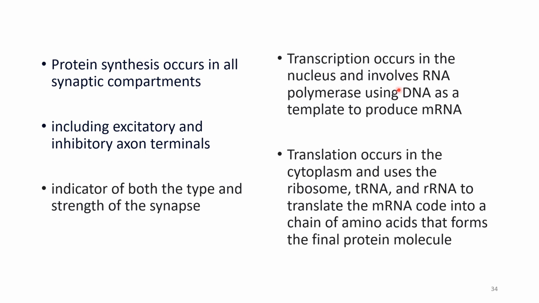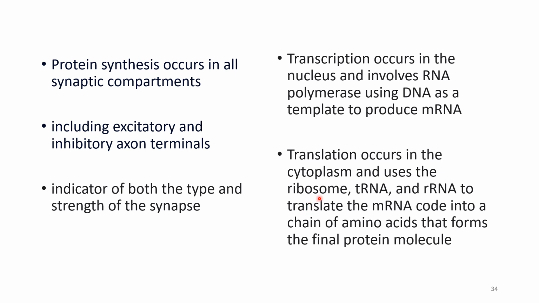Transcription occurs in the nucleus, and it involves RNA polymerase. Using this RNA polymerase, it will attach to the DNA template and produce mRNA. Then this mRNA comes out of the nucleus and translation happens in the cytoplasm.